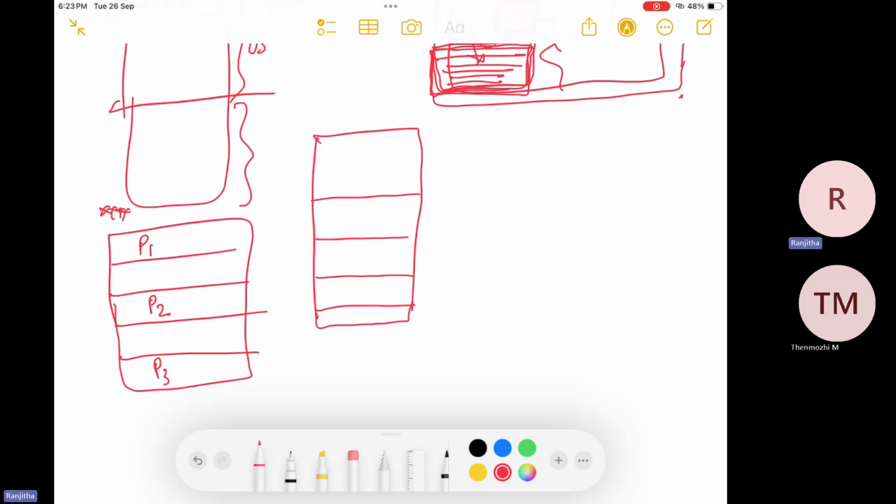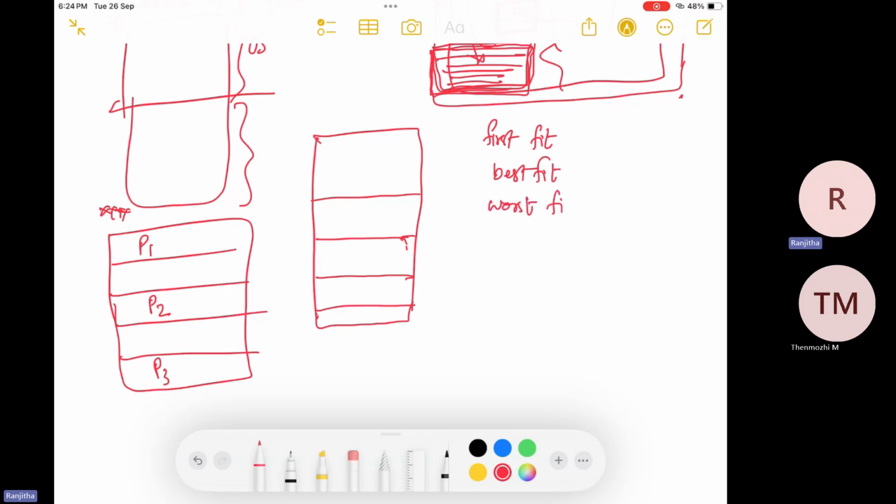With these fixed and variable size memory partitions, we allot different programs to different blocks. There are some methods for allotting these programs into blocks. One approach is known as first fit, the second is best fit, and the third is worst fit.